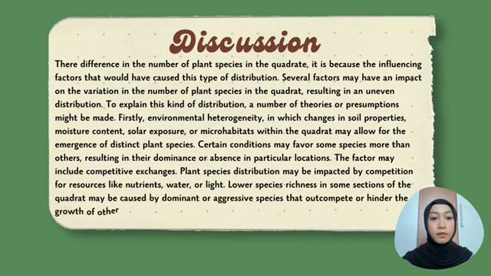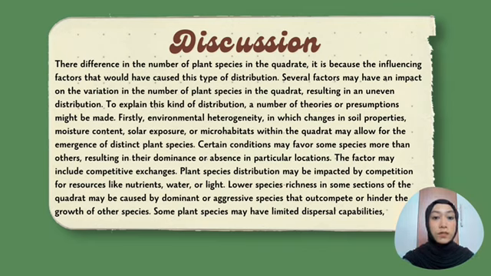Plant species distribution may be impacted by competition for resources like nutrients, water, or light. Lower species richness in some sections of the quadrat may be caused by dominant or aggressive species that outcompete or hinder the growth of other species.